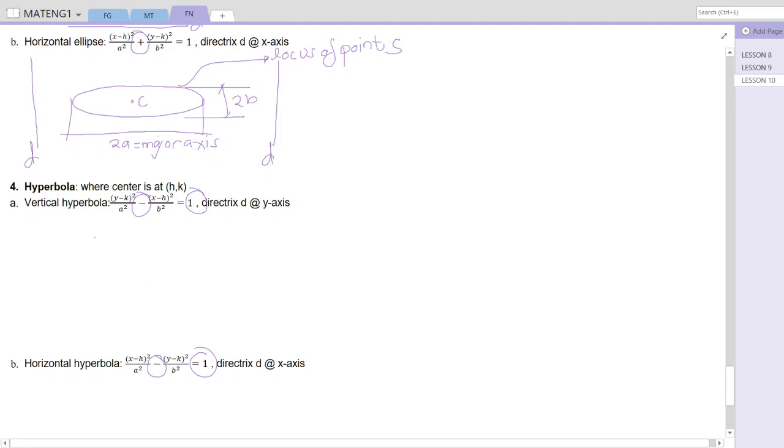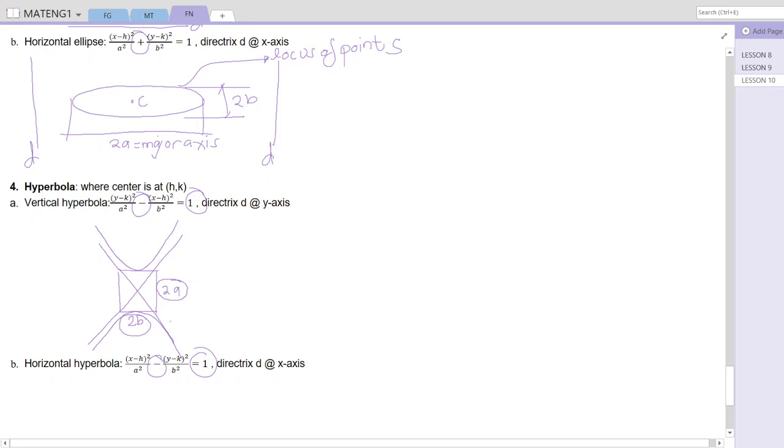I'll fix that one. So these are the asymptotes. This one is the value of 2a, and this is 2b. Those are the major axis and the minor axis. So it forms the curve.